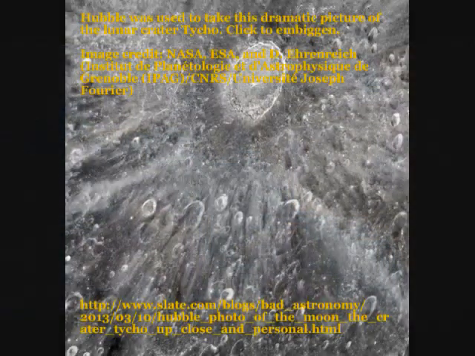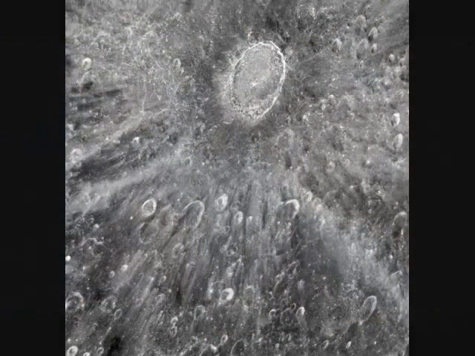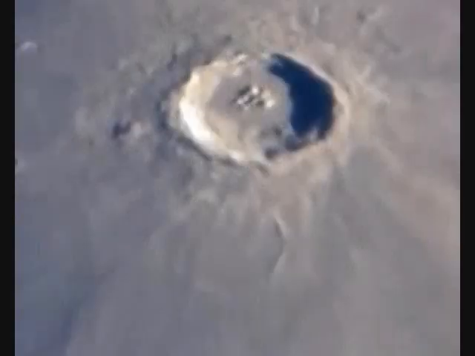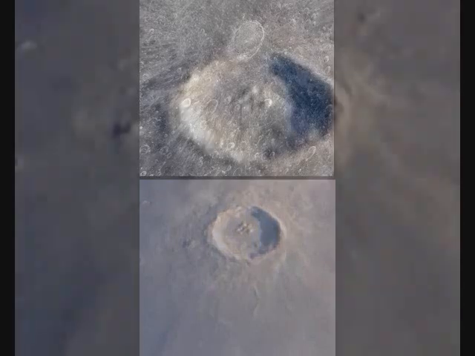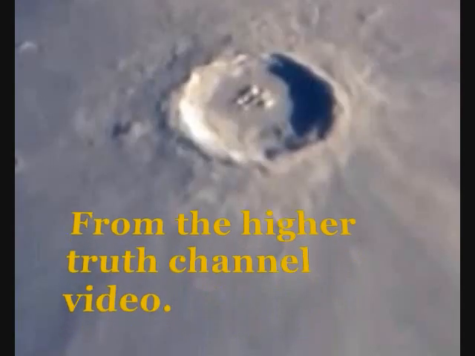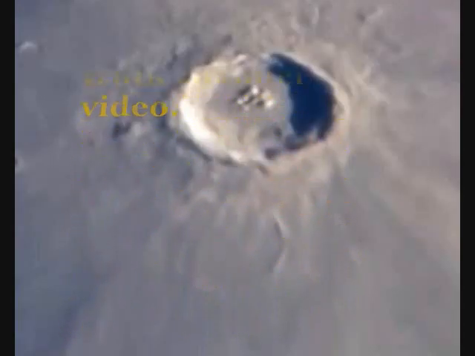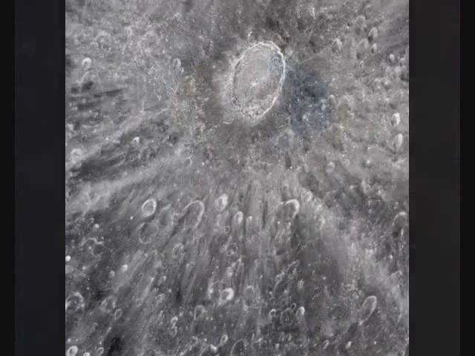So it seems that this poor resolution quality effect can pick and choose where, when, and why to show up in this video. For example, compare this picture of the moon with a still image taken from the Higher Truth channel video. Now, notice how in these two images, in one we can see different colors of the moon, we can see the gray of the moon, and we can see this navy blue because we can clearly see the difference between the navy blue and the rest of the surface of the moon.